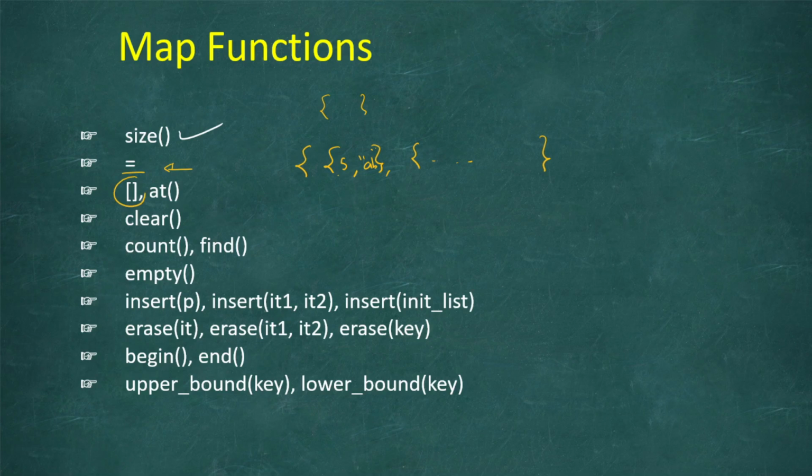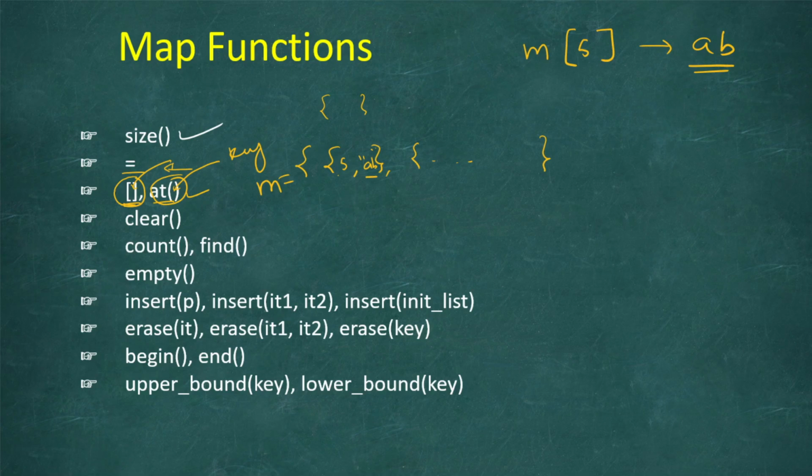Then we have these two operators, square brackets and at function, used to get the value. You will pass the key here. Here also you will pass the key. This one serves multiple purposes. You can also access the value. So here 5 has a value of AB and this map is M. So if you print M[5], then it should return AB.